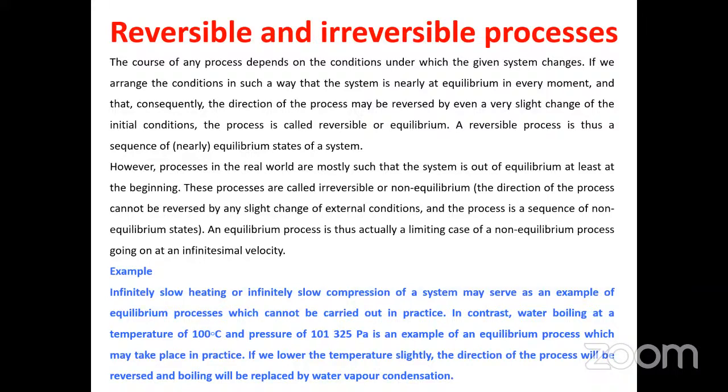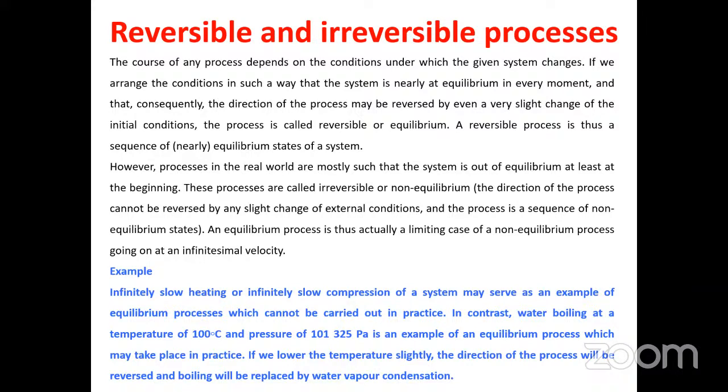Infinitely slow heating. You heat a system slowly, or you compress it slowly. That may serve as an example of equilibrium process, which cannot be carried out in practice. Equilibrium process is difficult to carry out in practice.